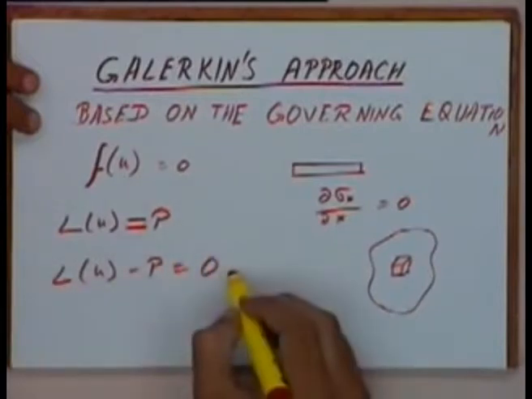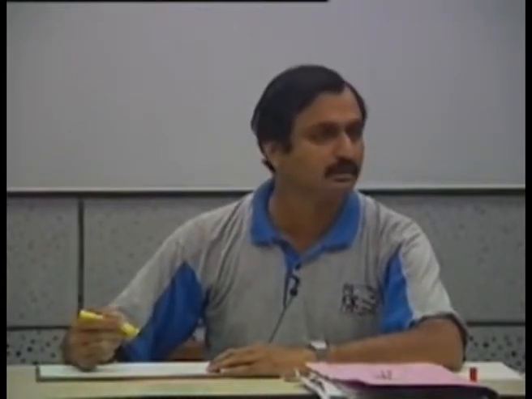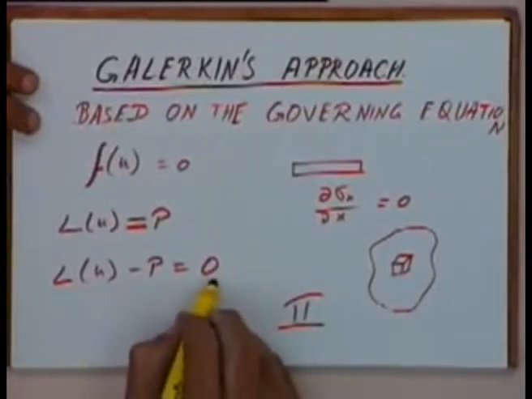So, if this is a governing equation, this will form the basis of the Galerkin's approach. This is unlike the Rayleigh-Ritz method in which we are using the potential energy pi. We are not going to use the potential energy now, but we will use the governing equation, that is the equilibrium equation for the system.